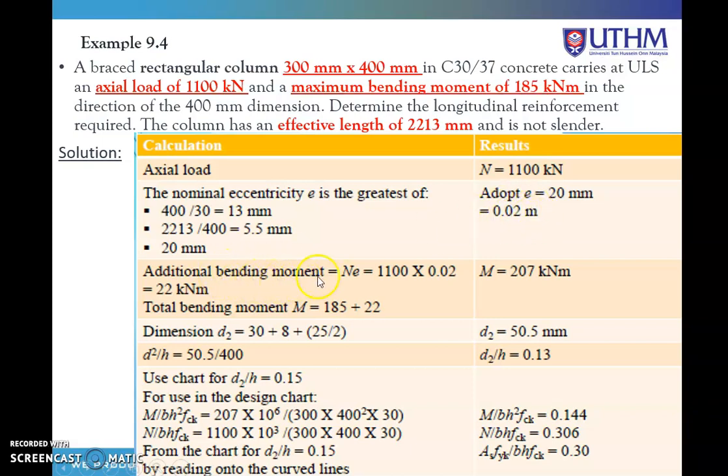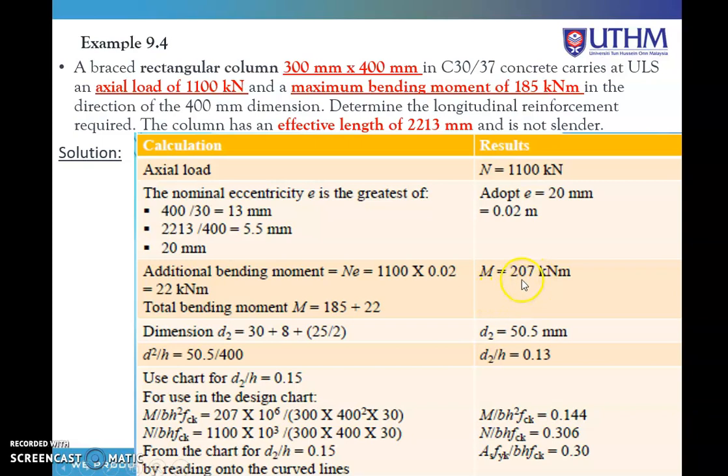So the additional bending moment is the axial load times the eccentricity. Okay, so this is the value of the additional bending moment. So the total bending moment is the given bending moment 185 plus the additional bending moment.